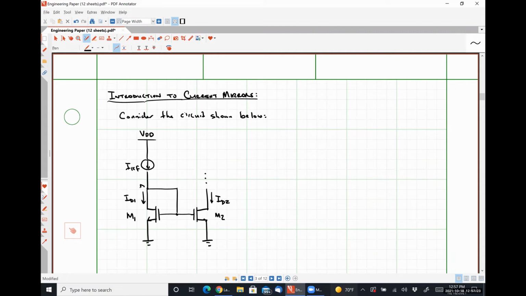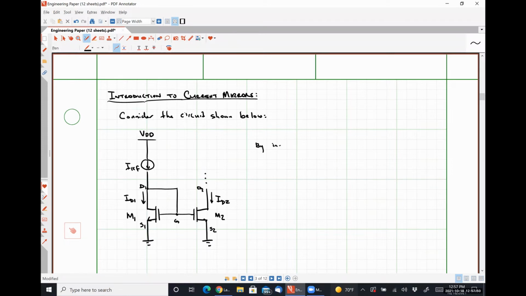So this is my drain, and I guess I should technically call it drain 1, source 1. This is my gate, source 2, and drain 2. So if we wanted to analyze this guy, we're going to do it in a much more simplified fashion than we did previously.